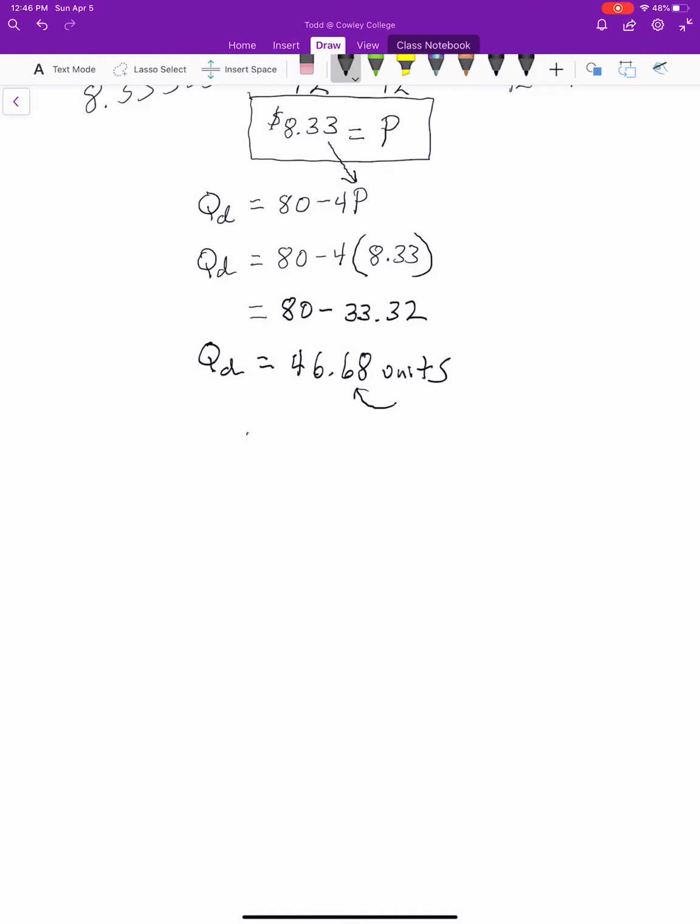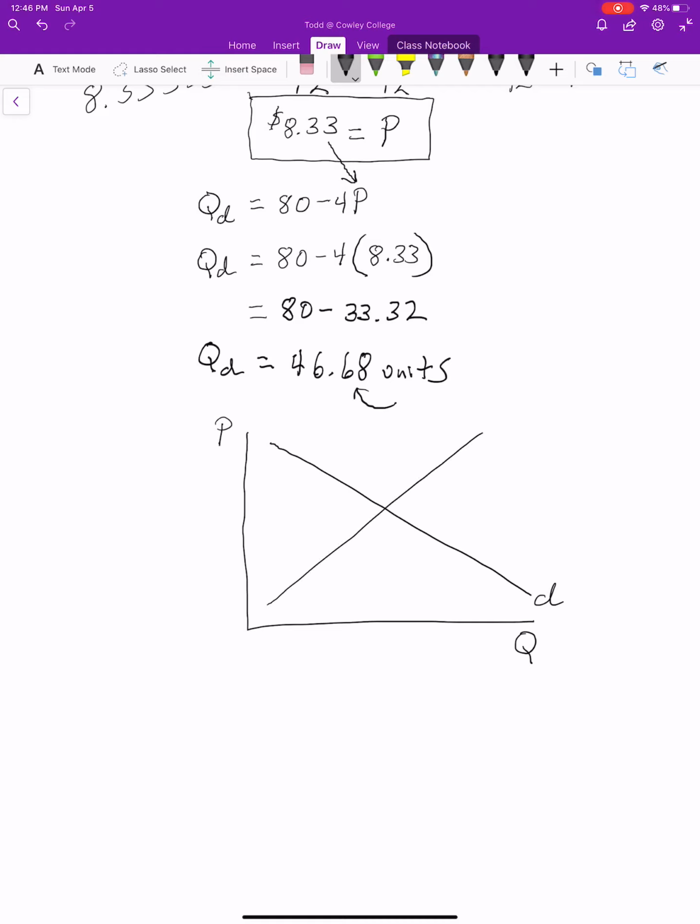So the last part is to graph this very specific looking market. So we have quantity and price. We have our downward sloping demand curve, mark it with a D. Our upward sloping supply curve, always mark it with an S. Now we know exactly in this market what our equilibrium price is.